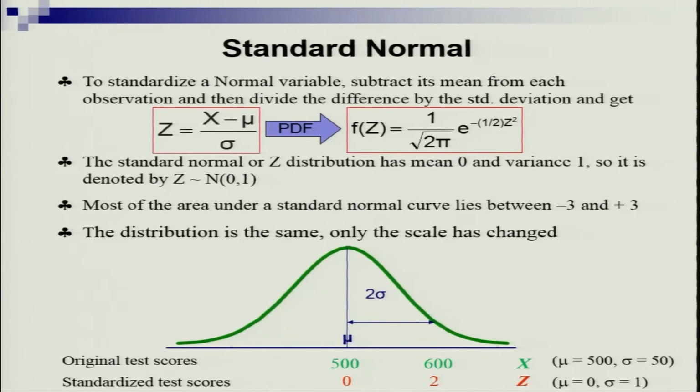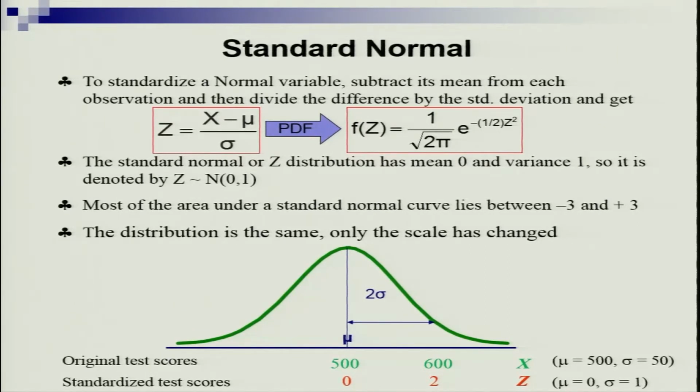So, one particular realization of that variable capital Z is small z, and that is basically the standard score or Z score. Now, from this standard normal variable Z, one can get the PDF, and the PDF is written as f of Z equals 1 over root of 2 pi times e to the power minus half Z square.